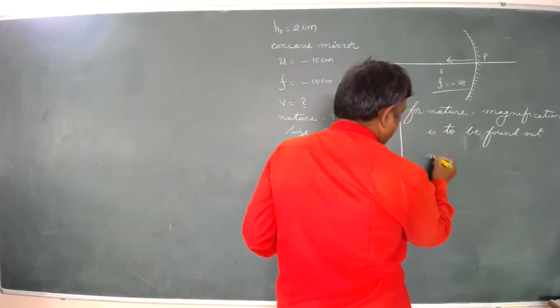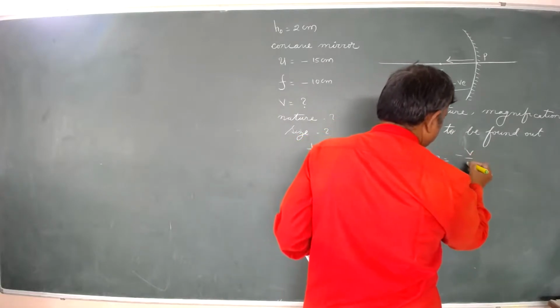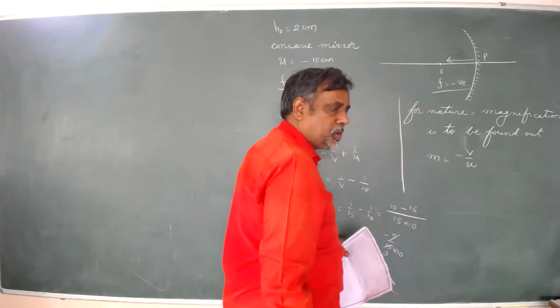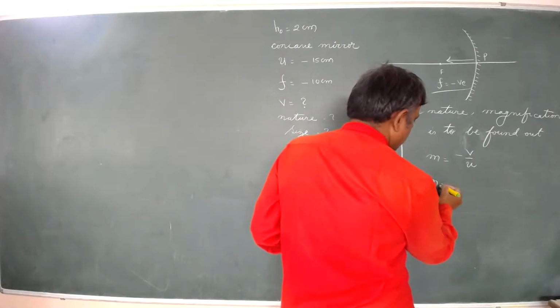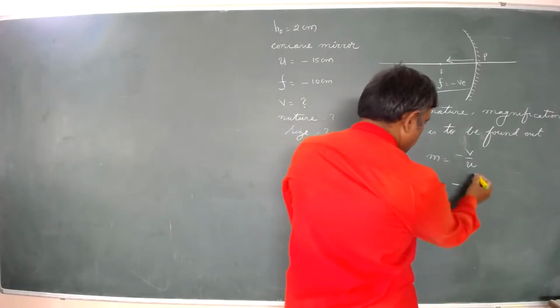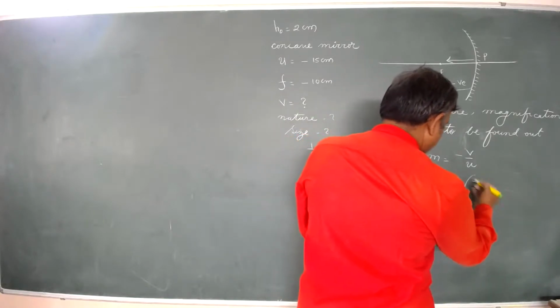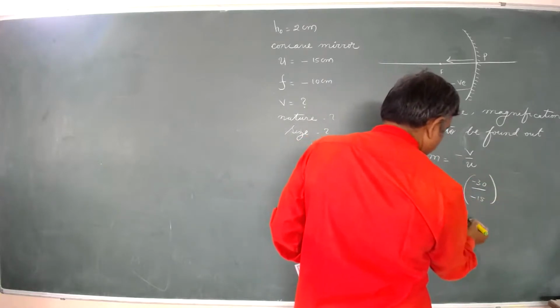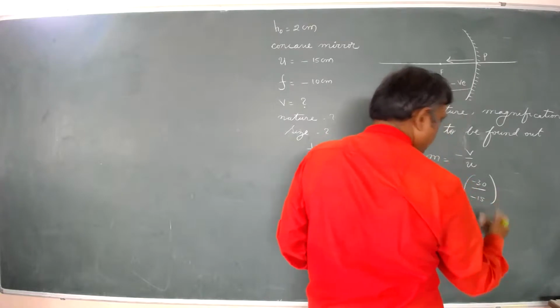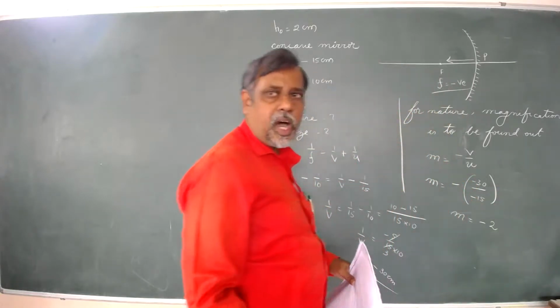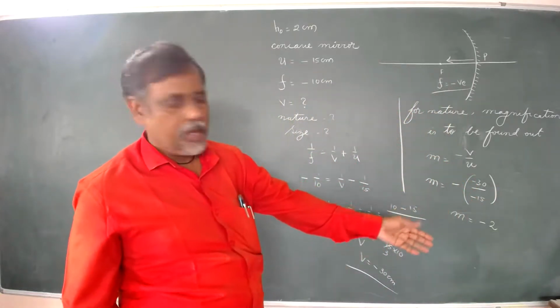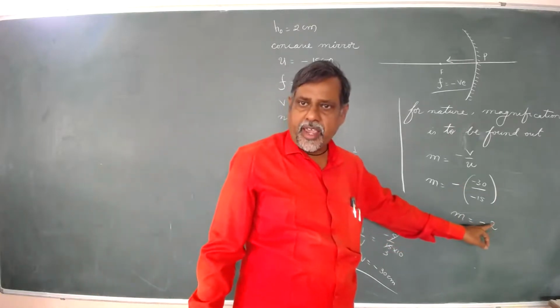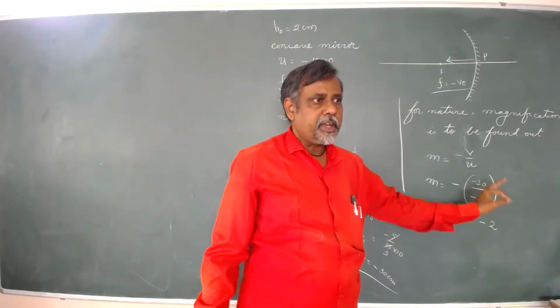For nature, magnification m is equal to minus v by u. So v value how much? Minus 30 you got, and u value how much? Minus 15 you got. So magnification m is equal to minus 2. Now complete information has come. Magnification is negative, means real, inverted.